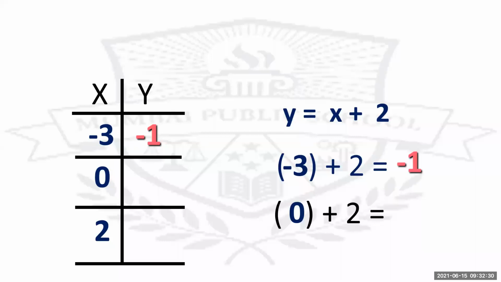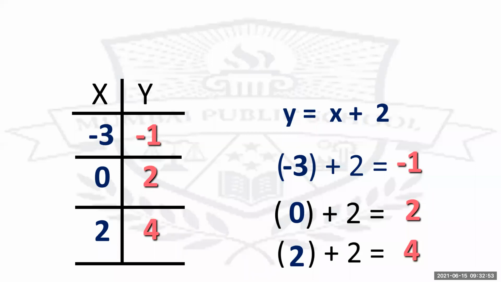So you'll get 0 plus 2, which equals 2. Next, in place of x we'll substitute 2. So 2 plus 2 is 4. Understood? So that means your table is complete.